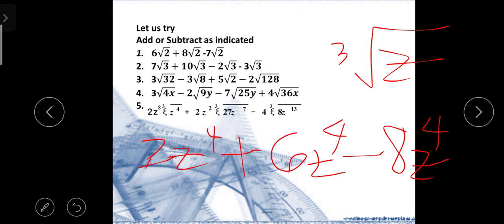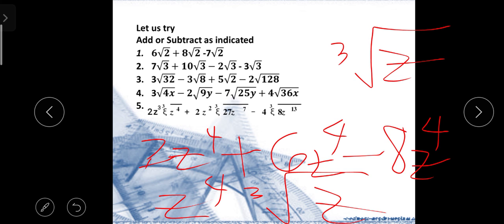So 2z plus 6z plus 8, minus negative, minus na negative pa. Minus 8z. So 6 plus 2 is 8 minus 8 is 0. So ang maiiwanan natin dito ay z raised to the fourth power na lang and then cube root of z.